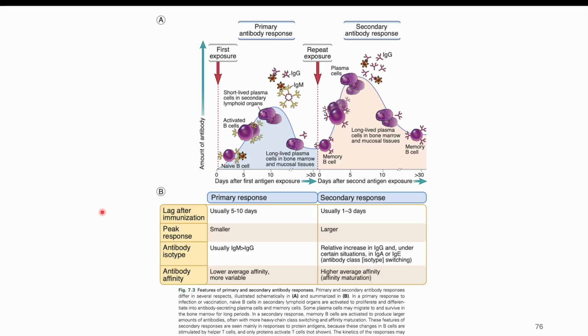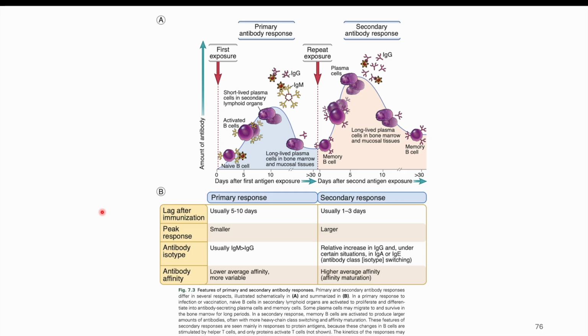And when these memory cells are there, this is the reason why in the secondary response there is no lag phase, or a little bit, but it's lesser than the primary response. Some plasma cells may migrate to and survive in the bone marrow for long periods of time.